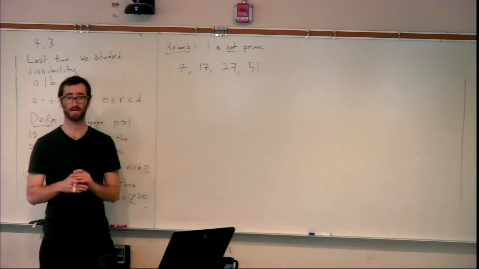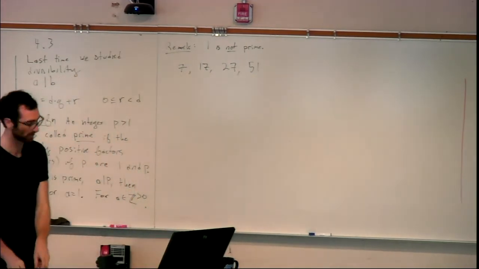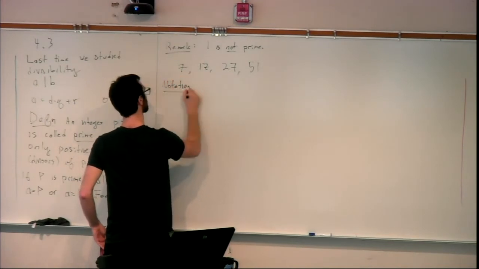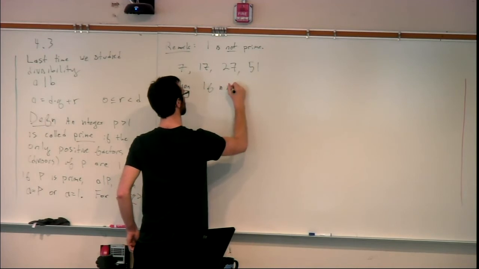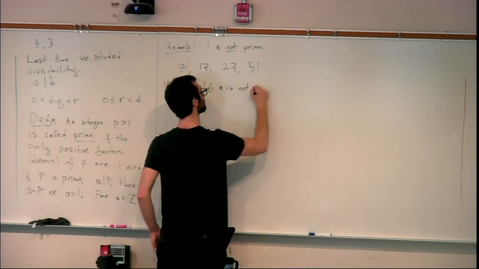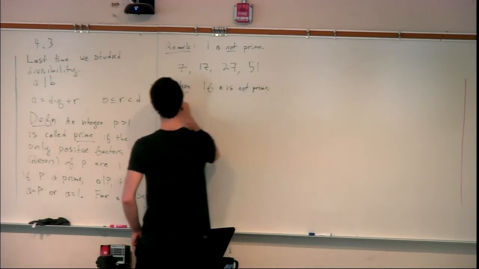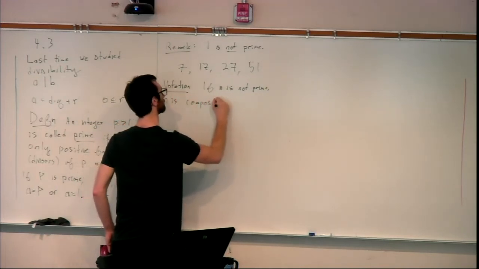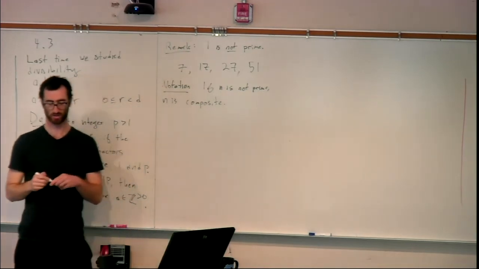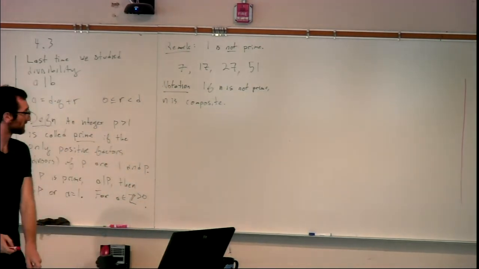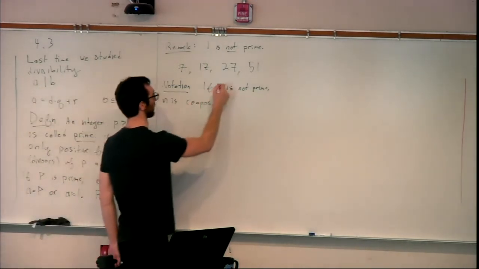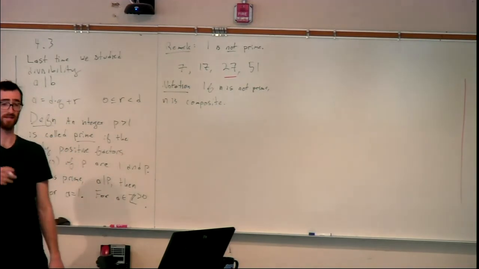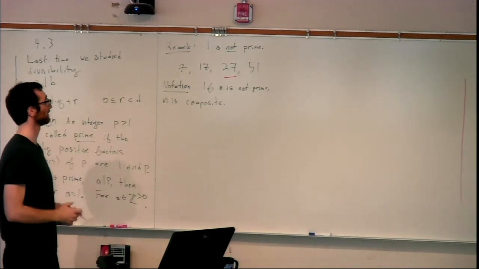I should make a definition or a notation. If n is not prime, then n is composite. So in this example, 27 is composite because it has plenty of factors which are not 1 and 27, namely 3 and 9.